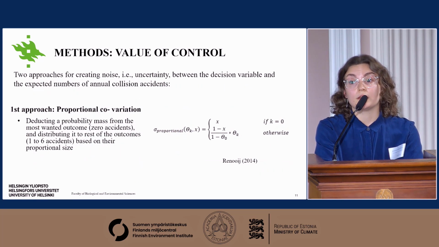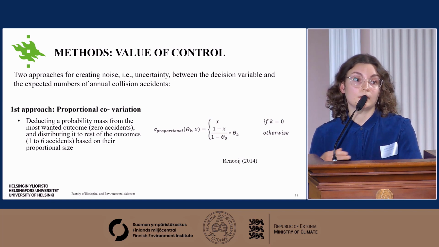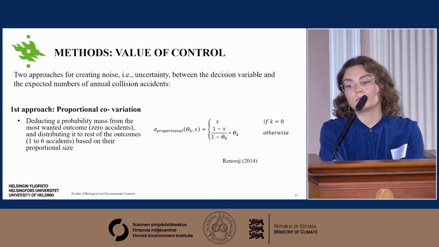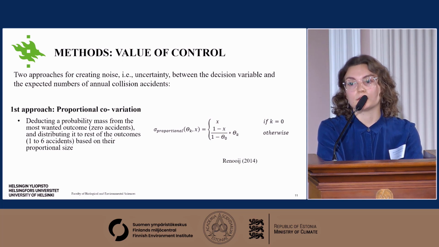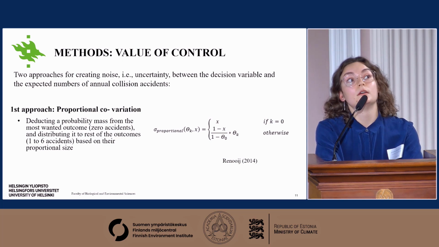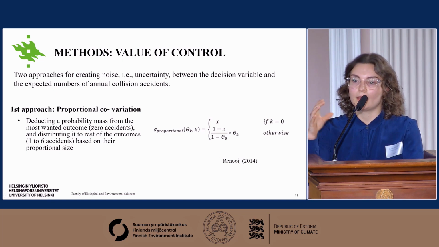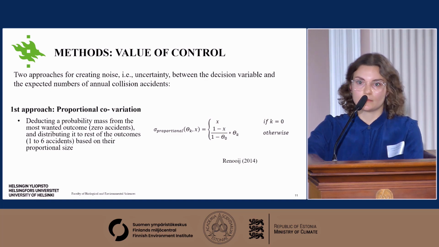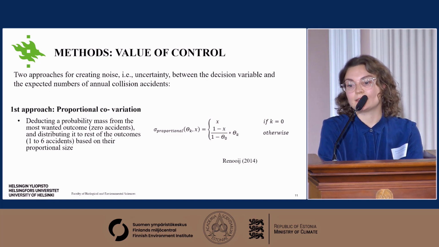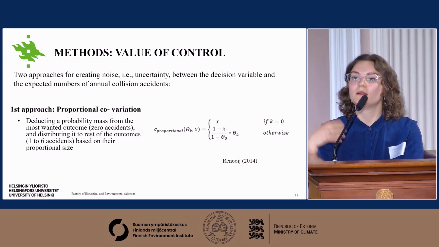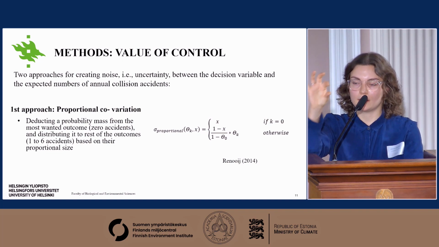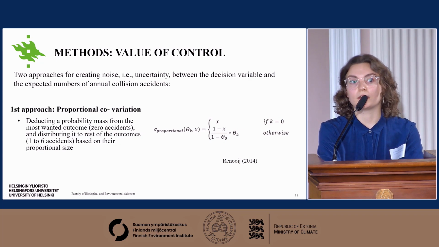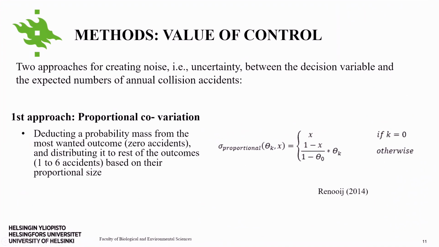So to do so, I introduced uncertainty between the decision and the outcome, and I used two approaches for creating this uncertainty, based on how to allocate the probability in the distribution more evenly so that it is more uncertain.